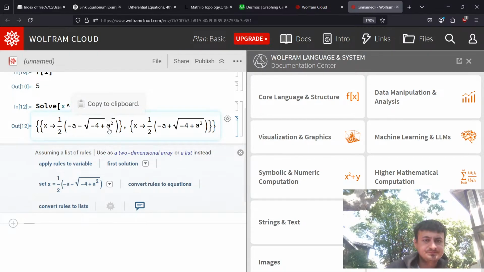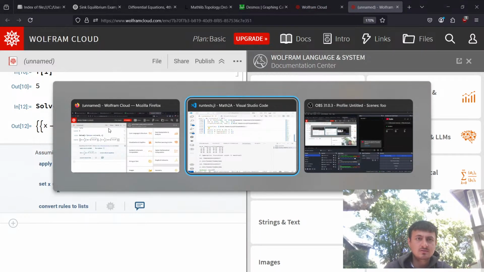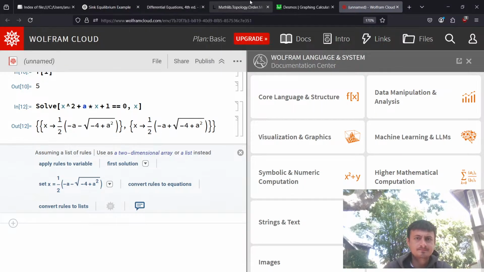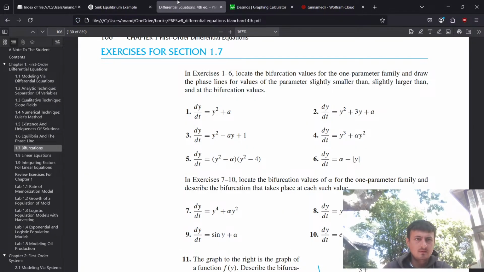So if all right, so we have y squared minus ax plus 1. Or y.